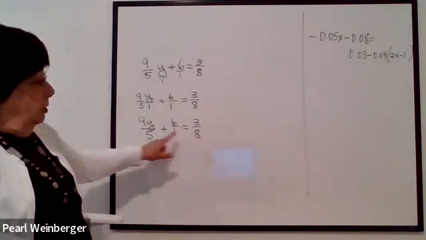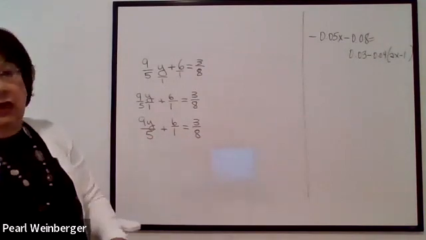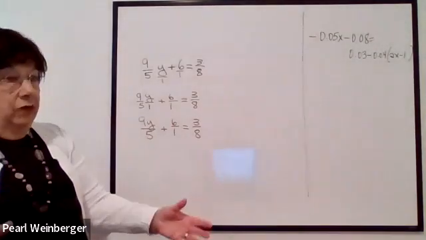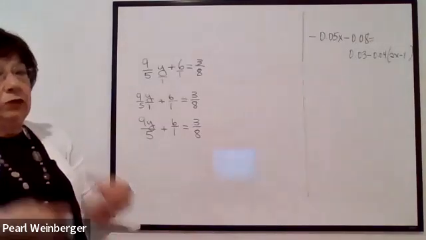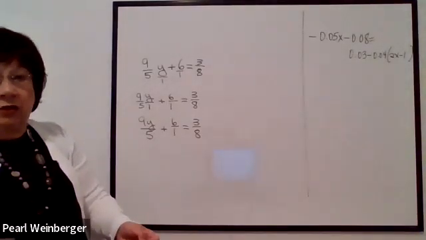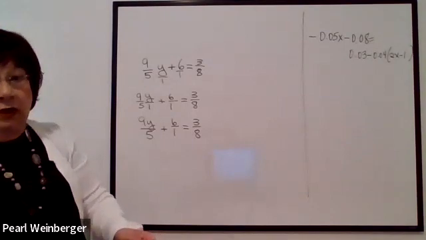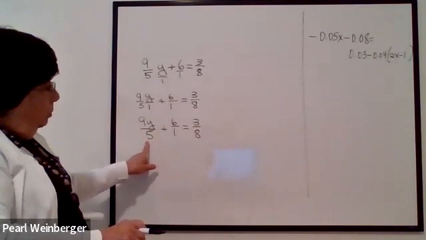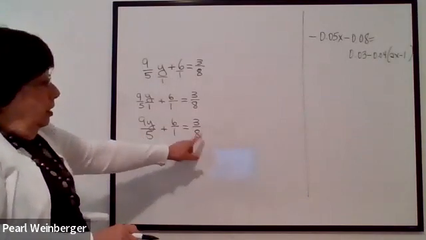Now, let's see. Does 5 divide evenly into 8? Obviously not. And I could just keep going: 8 times 2, 8 times 3, 8 times 4, 8 times 5, until I find a number that they all go into. Equally, I could have just multiplied the 5 times the 8.